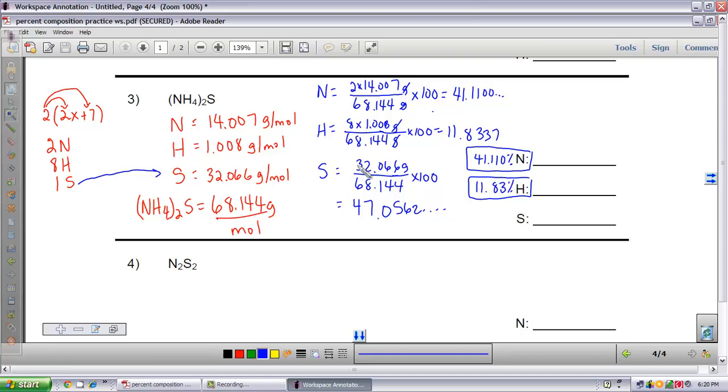But we need to go back and look at our sig figs. There's 5 here, there's 5 here, so our answer can have 5 sig figs. 47.056% of sulfur. And that's how you do it. Good luck.